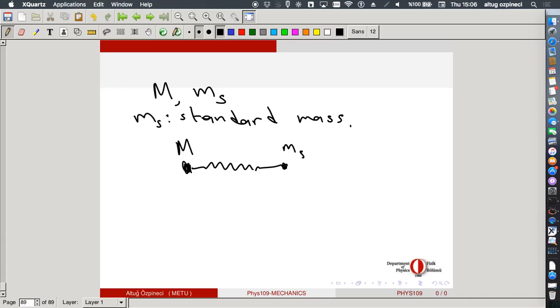They exert forces on each other. Well, Newton's third law tells me that the force that the large mass m feels is equal to minus the force that the standard mass feels. So these two should be the action-reaction pairs.